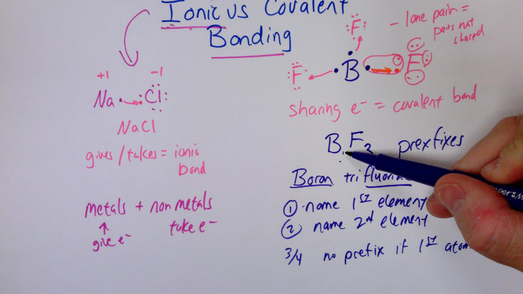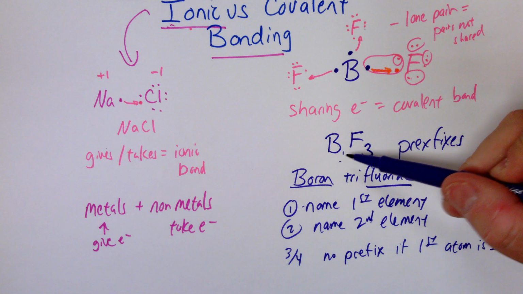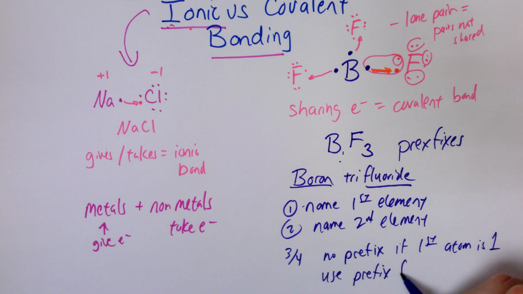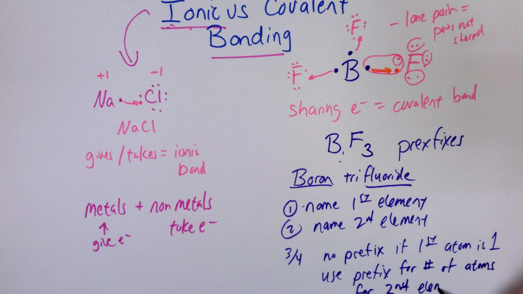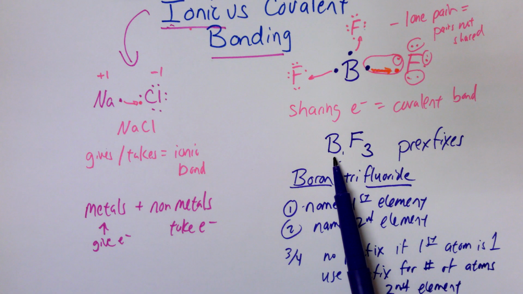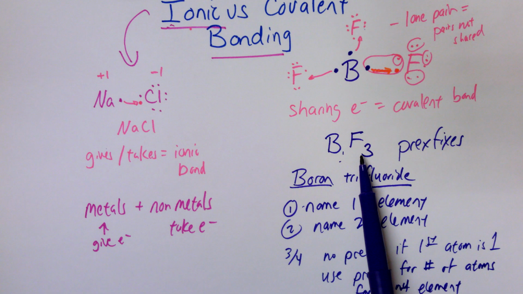Like in this case, we had 1 boron. We don't say monoboron, we say boron trifluoride. For the second atom, the prefix in this case was the 3 prefix, the tri, so we say boron trifluoride.